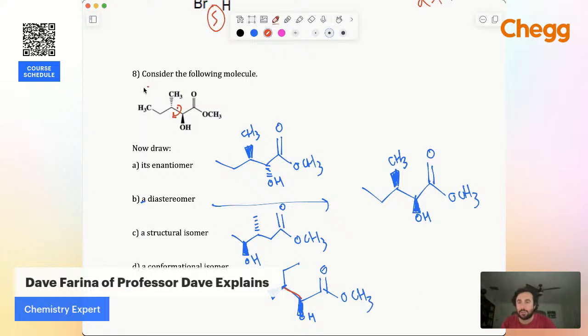It's like we took this portion of the molecule and flipped it over, right? So it's the same molecule, structurally not any different, stereoisomerically not any different, but we've spun one of the bonds to get a different conformation. So that's a different conformational isomer.